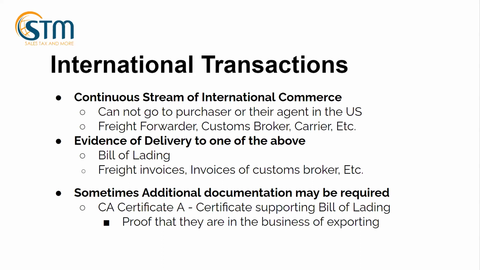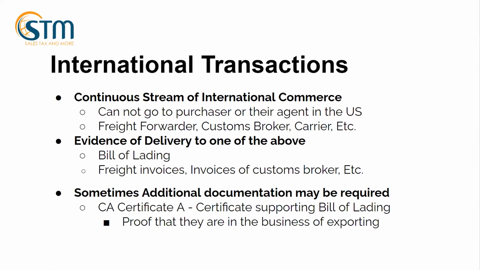We're going to talk about when a sale is not exempt because it's not properly documented. Even if this did go overseas, if you can't prove that it didn't make any pit stops here in the U.S., then the state can make sure that you're taxed on it.